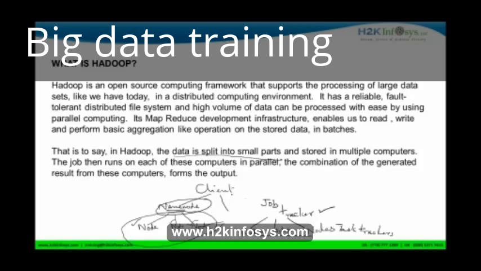And that is happening on this side of the picture, where the job tracker is taking up the function of splitting the job, and then the job is run in parallel in these machines that you see down here. And as a result, the final result is sent back to the job tracker, and the client can see it.